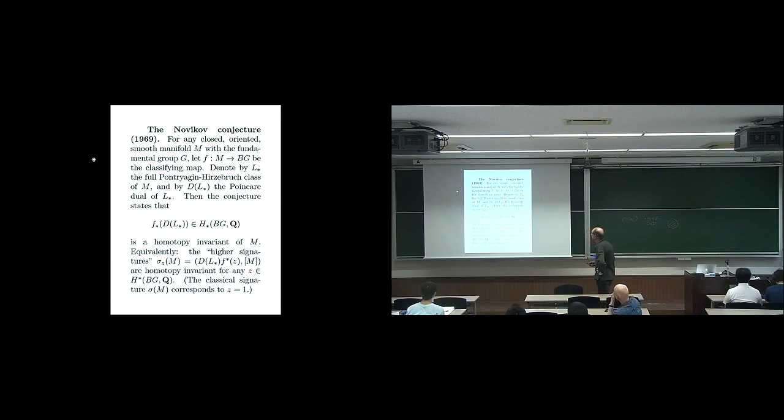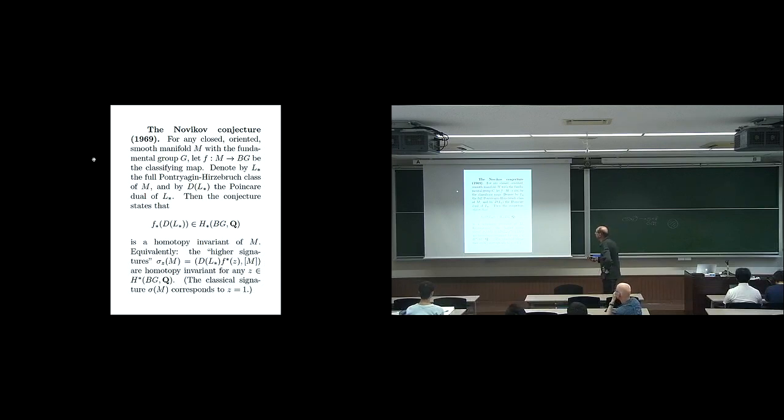First of all, what is the Novikov conjecture? If you have a compact oriented manifold without boundary, and you denote by L star the Pontryagin-Hirzebruch class, then the conjecture: F will be the map into the classifying space. The classifying space is the space classifying all free actions of the group G. All free actions.